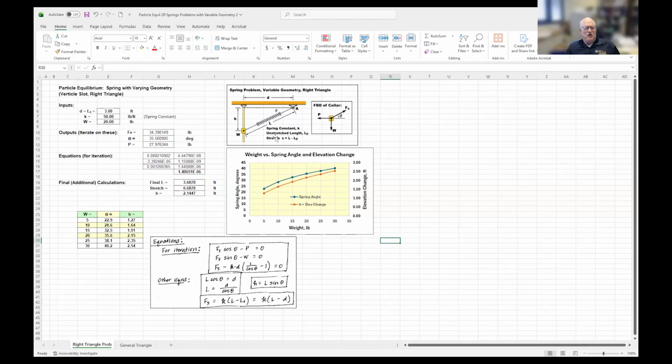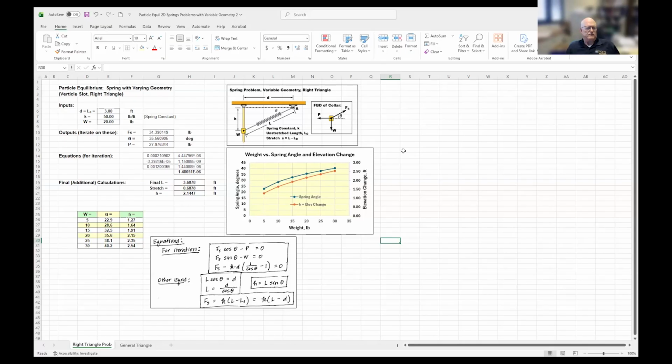And so three known equations that define this system let me calculate not only the forces, but the geometry as well. That's a lot of power in your hands. And again, Excel is an extremely valuable tool, and you can use it to do a problem like this.